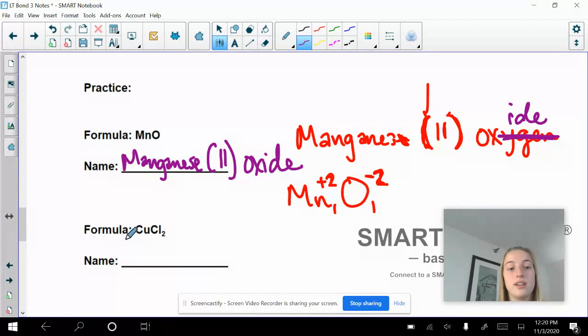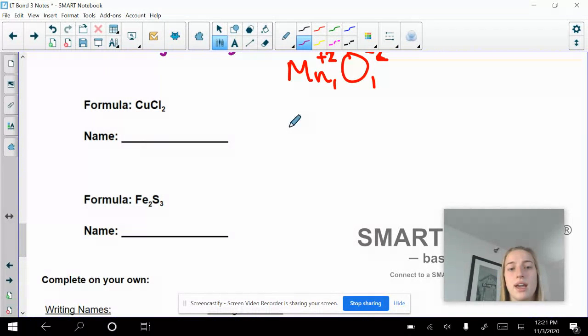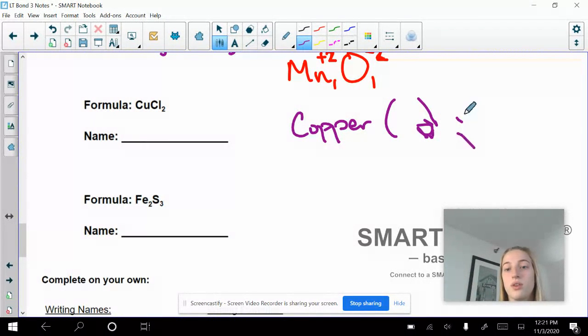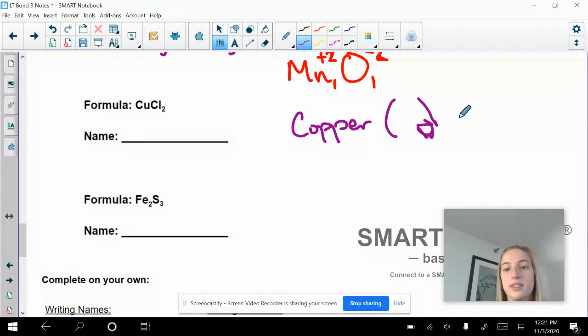For our second one, scroll down a little bit for you guys, write out my element name, copper, and leave a spot for my chloride. Oh, my pen is acting up. All right, copper, parentheses, chlorine, write out my chlorine, copper, space, chlorine.